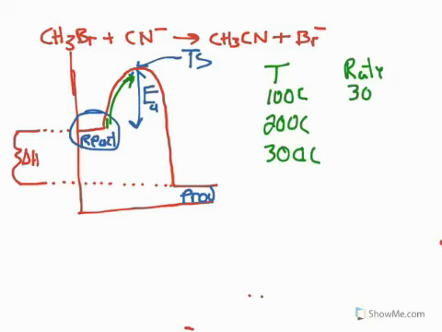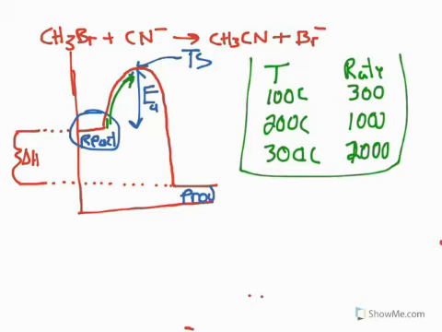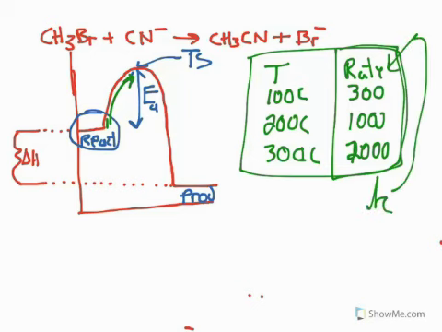The rate will go from 300 to 1,000 to 1,200. Well, actually, let's make this about 2,000 on that. Now, we'll find out in a future outcome how to deal with this rate and a thing called a rate constant.